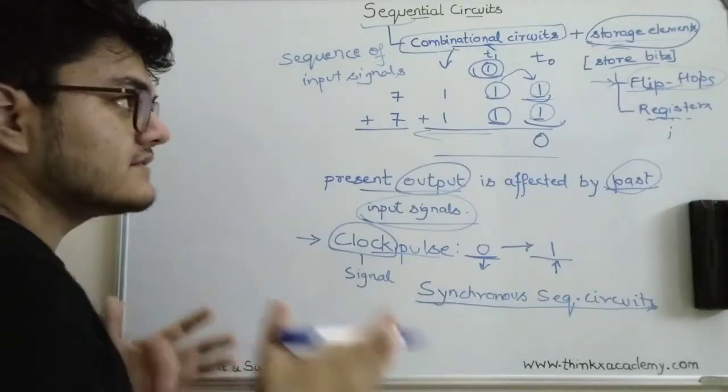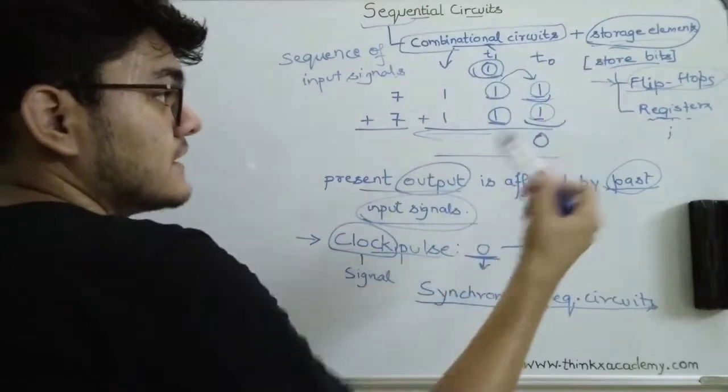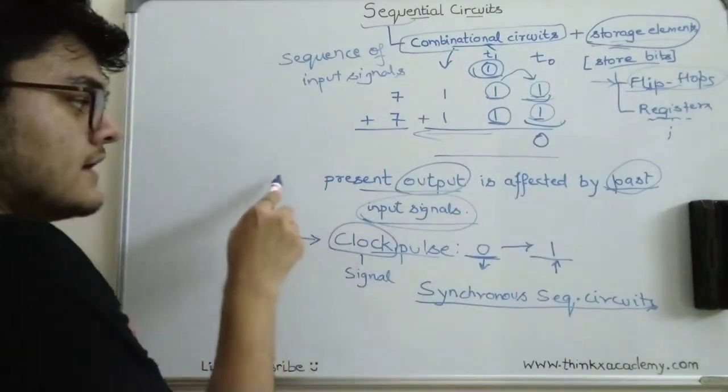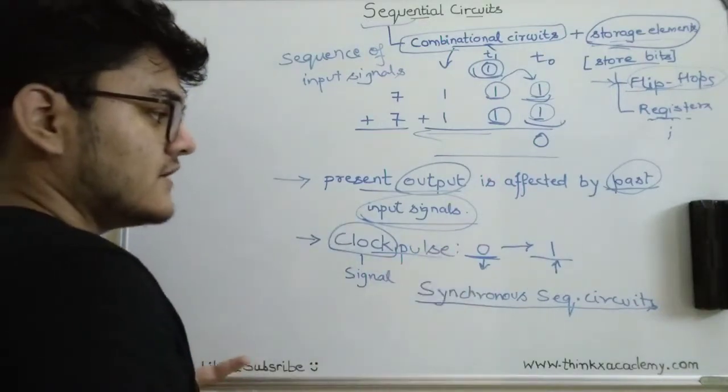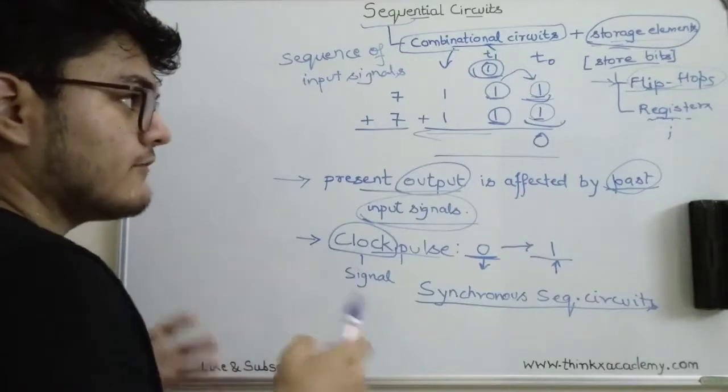So this is basically just an introduction to sequential circuits, where we have discussed why there is a need to introduce the storage element. You can see that in its formal definition. And now we have also discussed the use of a clock.